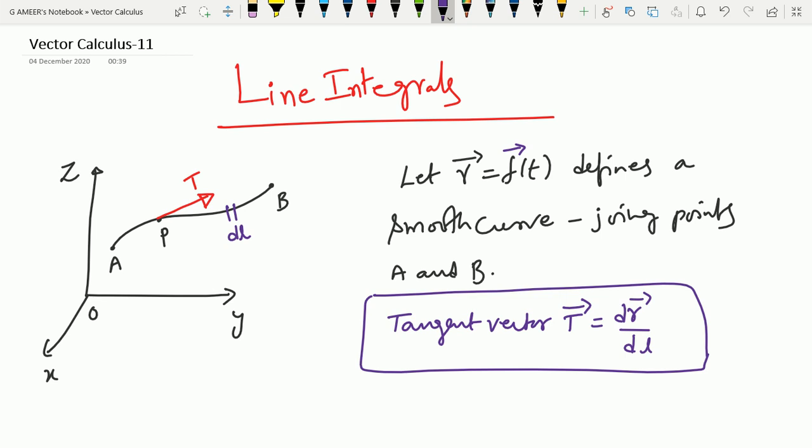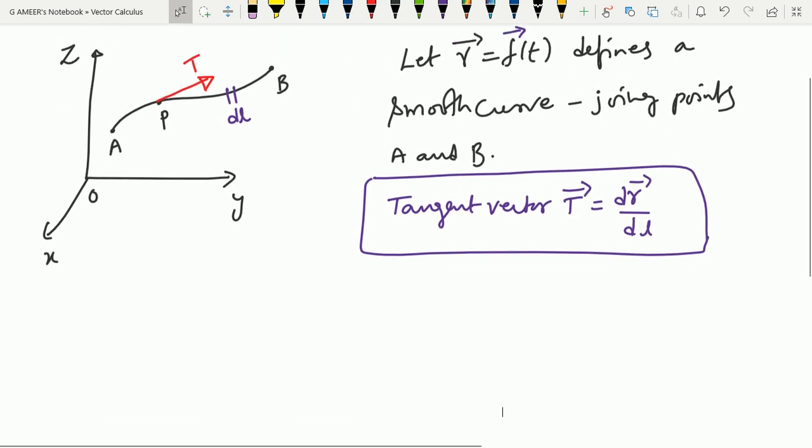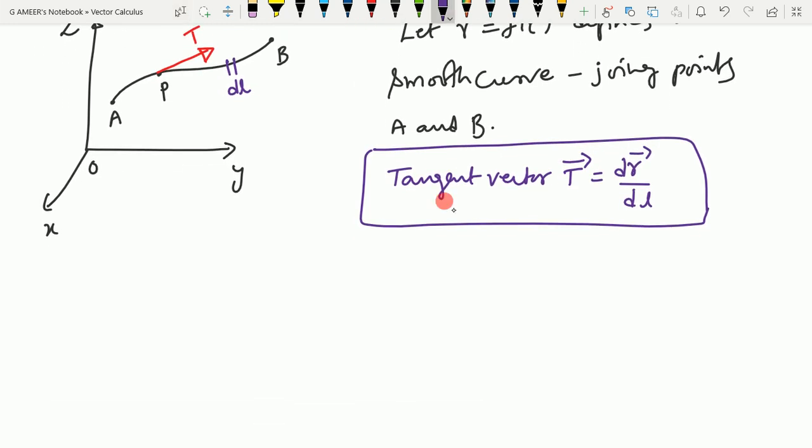Now let us take a function. Let F be a function of r, and r itself is a function of t.